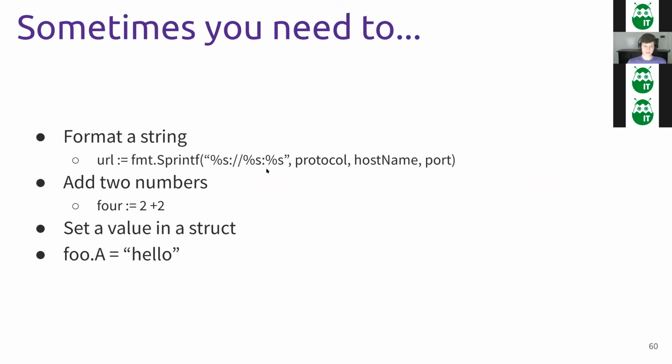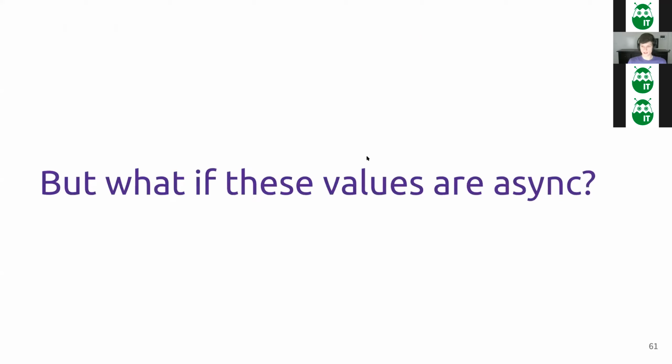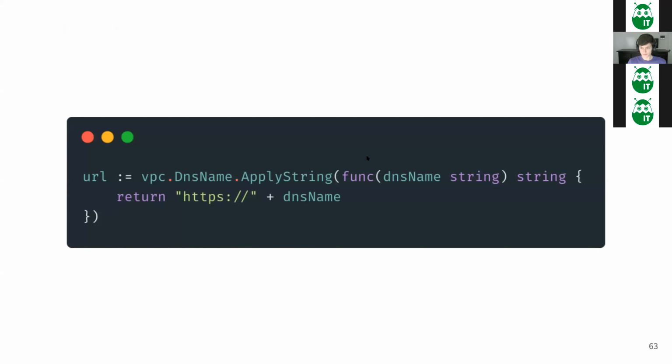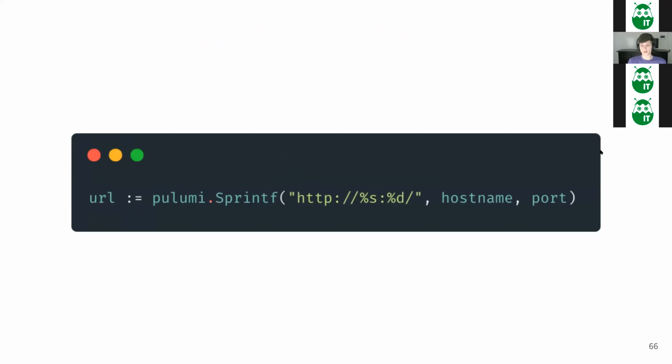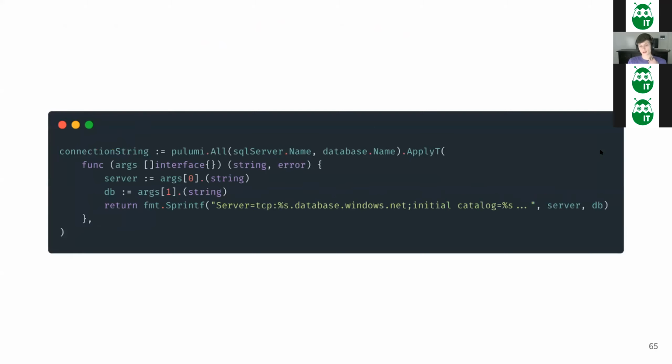So in this instance, if protocol was HTTPS and host name was pulumi.com and port name was 80, this would return https://pulumi.com:80. So that's sprintf. And pulumi.sprintf is just the asynchronous version of that to operate over outputs.